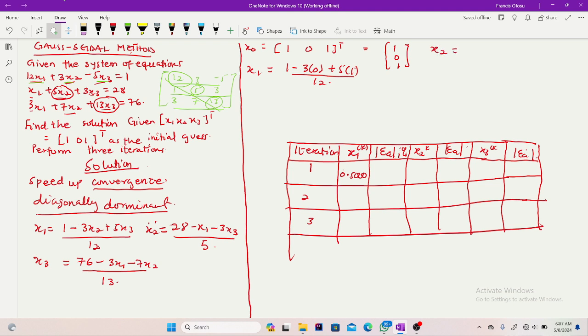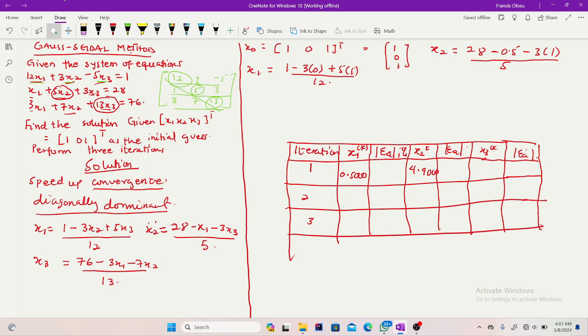My x2 is equal to 28 minus the current value of x1, which is 0.5, then minus 3 times x3. The current x3 is 1. Simply write 1, all over 5. So our x2 is simply 4.9000.